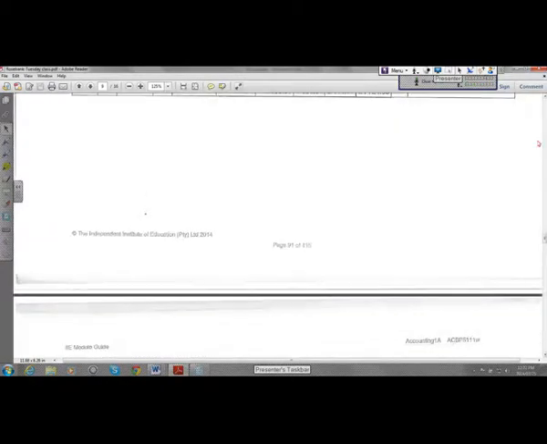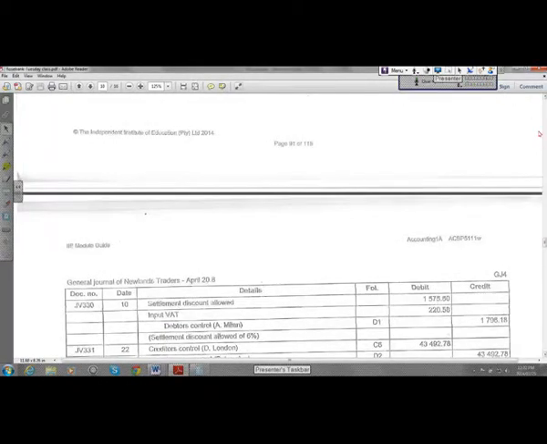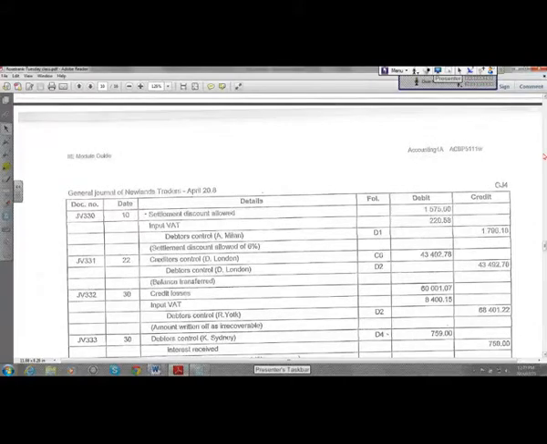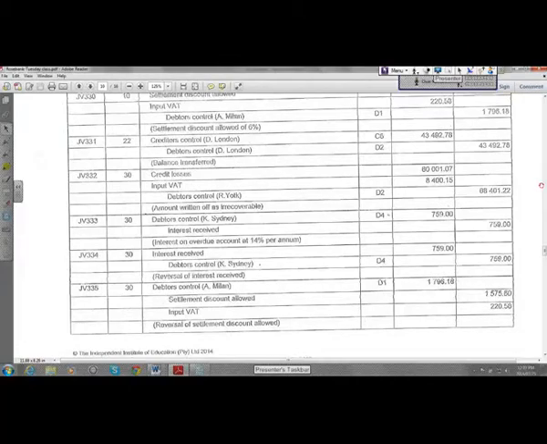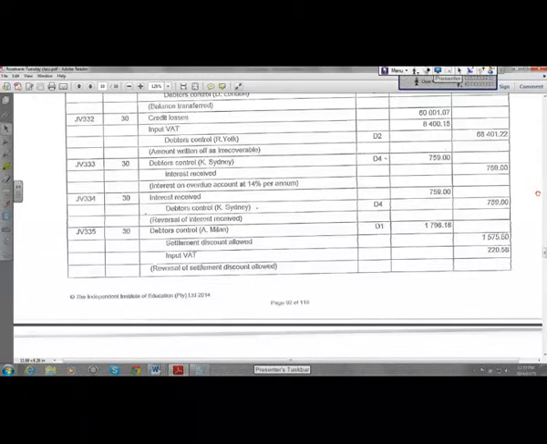So this is a general journal. Let's see if we can see Milan here. Okay, we can see Milan was given some discount. Here we see there was some reversal of a discount which was allowed to Milan.